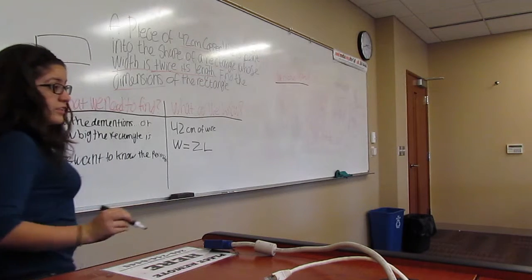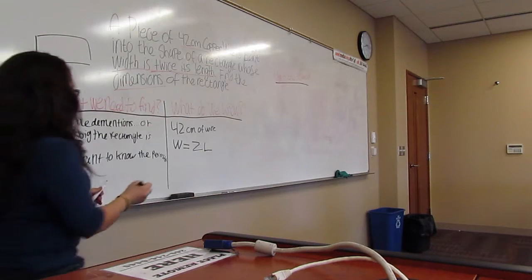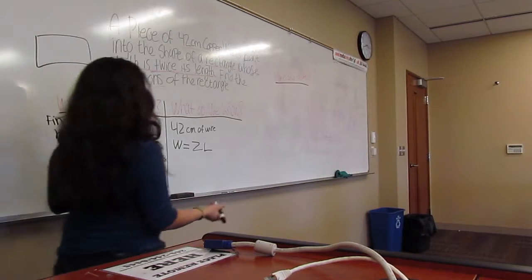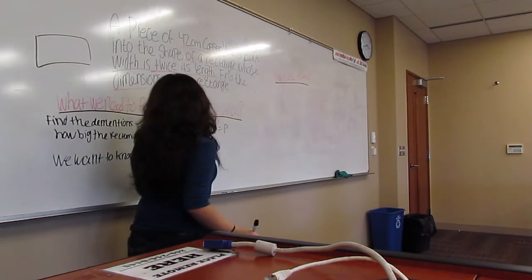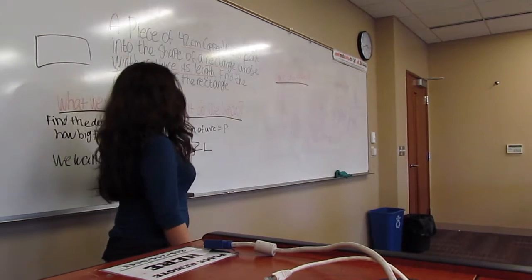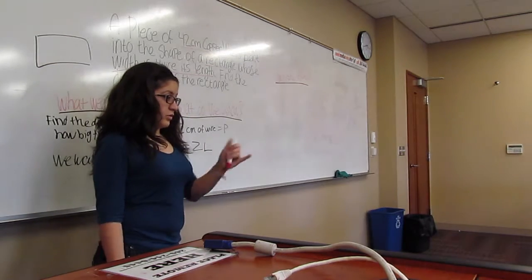So then technically this isn't right. If we want to know the perimeter and you say that 42 is equal to the perimeter, because you just said that the perimeter equals the wire and the wire is 42. Yes, Elizabeth?